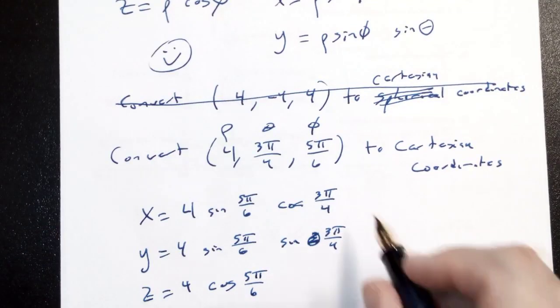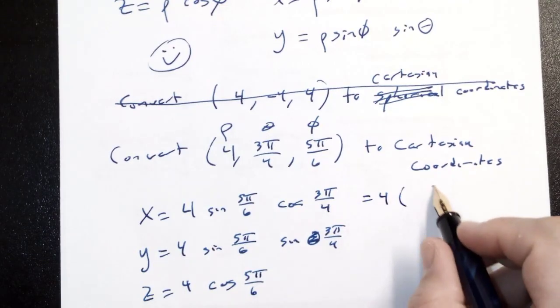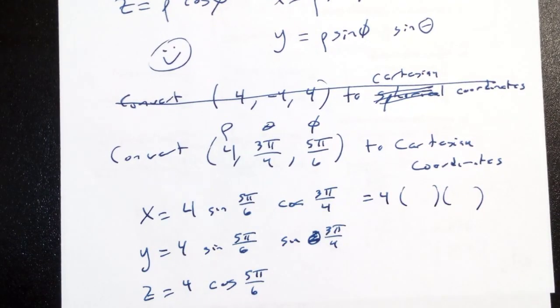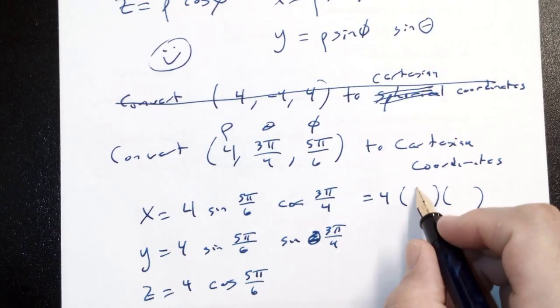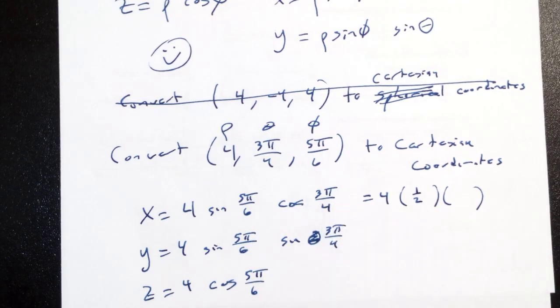Wait a minute, I know these numbers. Sine of 5 pi over 6. 3 cheers for the unit circle. Cosine of 3 pi over 4.